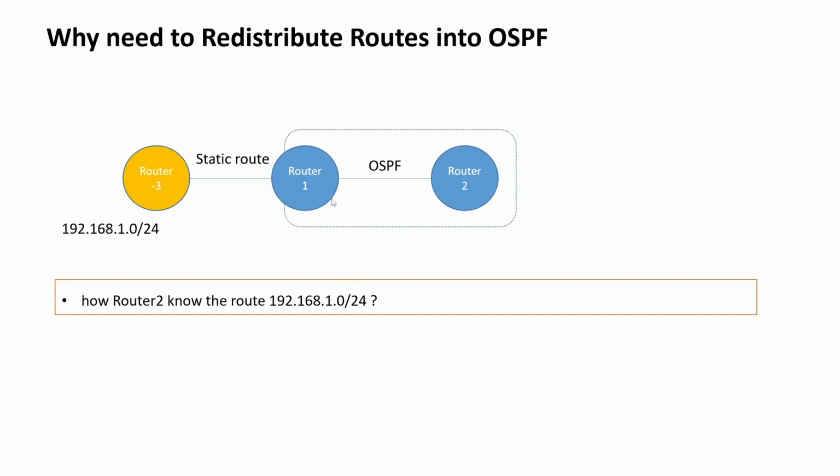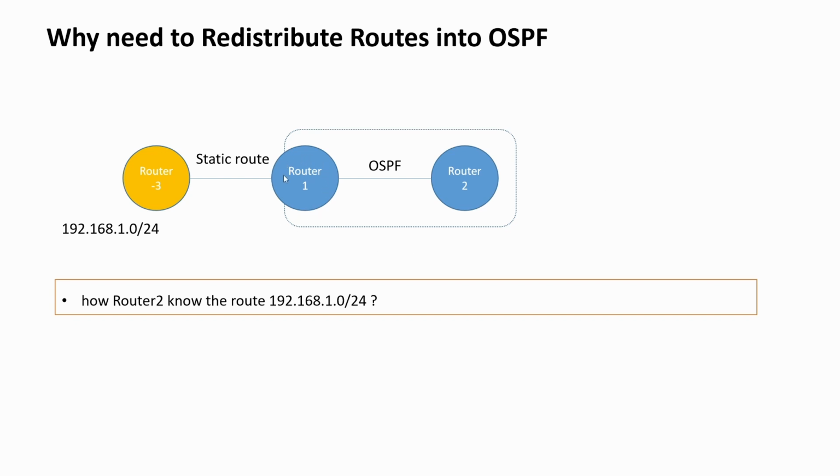In this diagram, there are three routers. Router 1 and router 2 run OSPF, so router 2 knows all the OSPF routes of router 1. However, between router 1 and router 3, they only run static routes. In router 3, their network is 192.168.1.0/24.